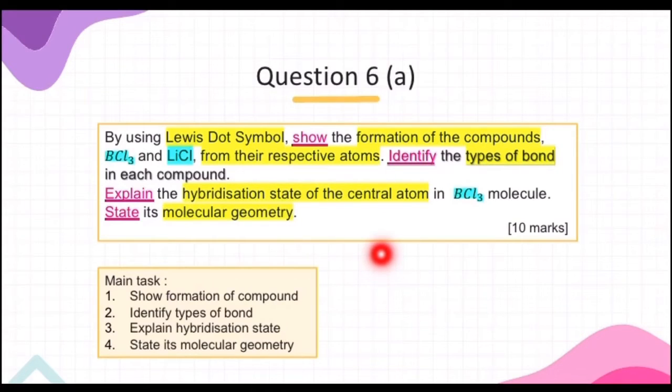So first, they want us to show the formation of the compound by using Lewis dot symbol, and then they want to identify the type of bond in each compound. After that, they ask us to explain the hybridization state of central atom in boron trichloride and also its molecular geometry. So usually for this kind of question, they will allocate around 10 marks.